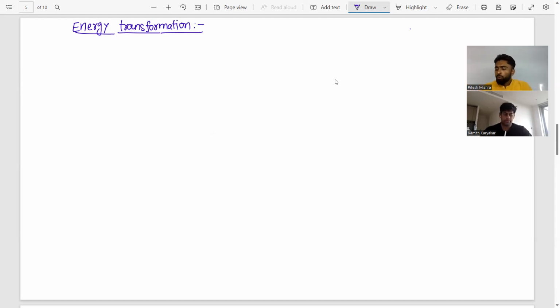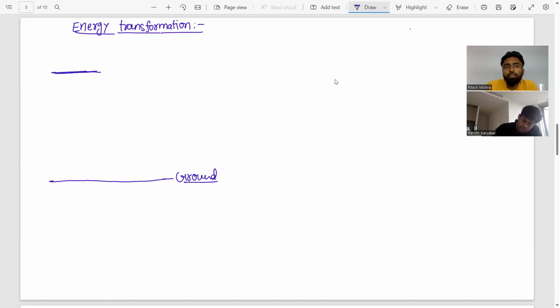So let's start with the basic concept of energy transformation. Some basic concepts, and after that I will give you a technical example of energy transformation. Here let us assume this is our ground, and this is the roof of our home.